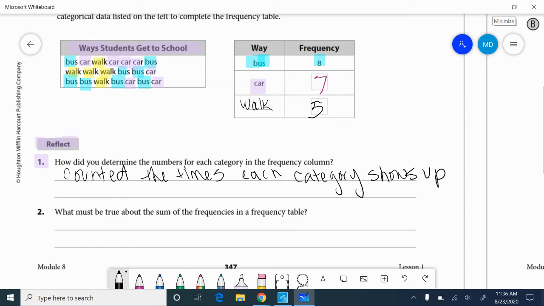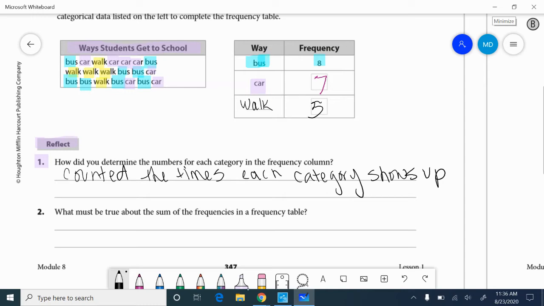What must be true about the sum of the frequencies in a frequency table? Okay, so if you add up all these numbers, 8, 7, and 5, we're going to get 20, which means that number of total frequencies should also be the number of items in the data set.